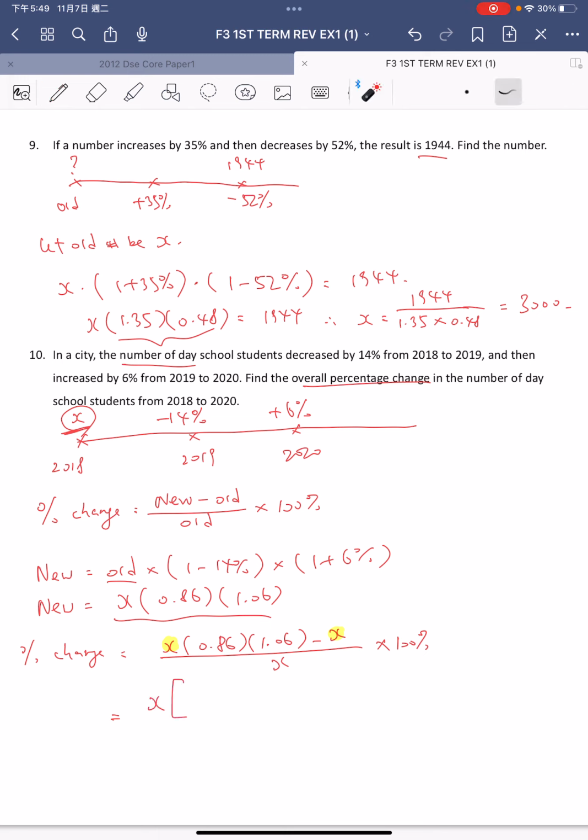What we are left with is 0.86 times 1.06, minus the x. The x is being taken out, so it should be minus 1. Then we divide by x as well. The numerator and denominator both have x, so we can eliminate it. Then we times 100%. Using your calculator, 0.86 times 1.06 minus 1, then times 100, gives the answer, which is equal to minus 8.84%.